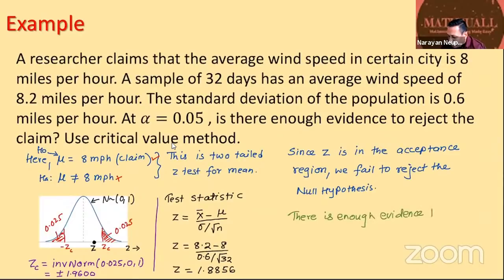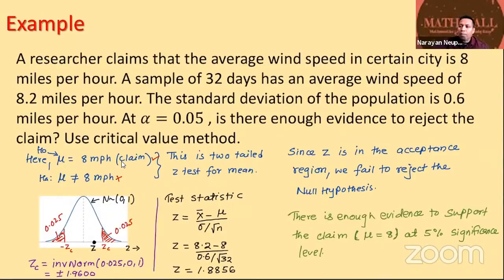There is enough evidence to support the claim, and the claim is that the mean is equal to 8 miles per hour, at 5% significance level. When we say 5% significance level, it's like we are 95% confident that the average is equal to 8 miles per hour.